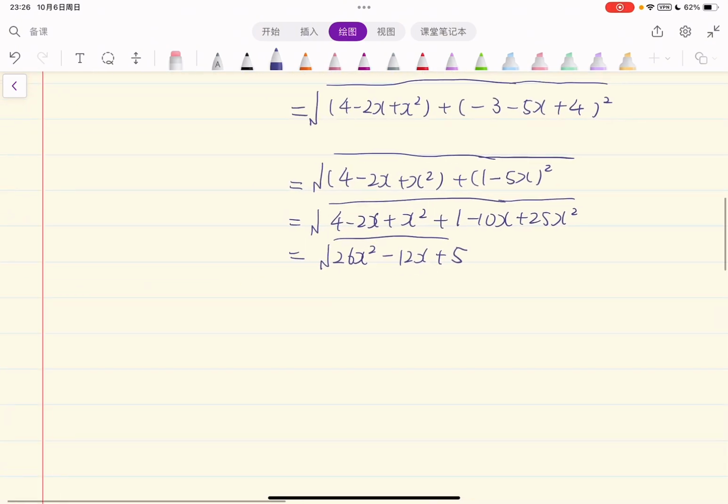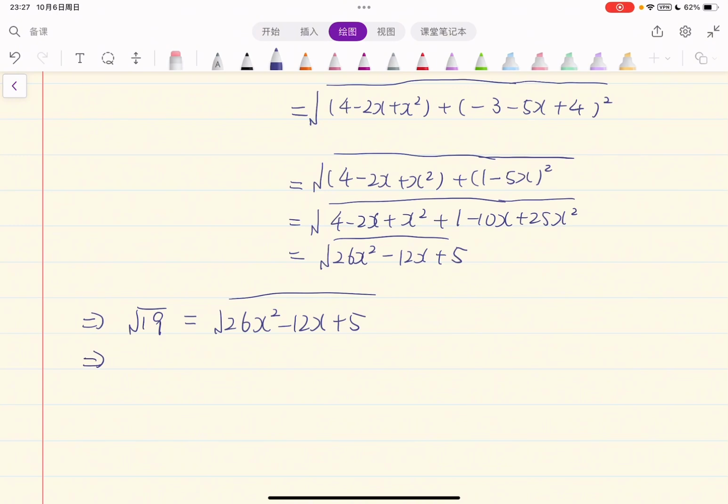So we have square root of 19 equals to square root of 26x squared minus 12x plus 5 implies that if we square off both sides, we have 19 equals to 26x squared minus 12x plus 5. And we let the right hand side become 0. So we have 26x squared minus 12x minus 14 equals to 0.